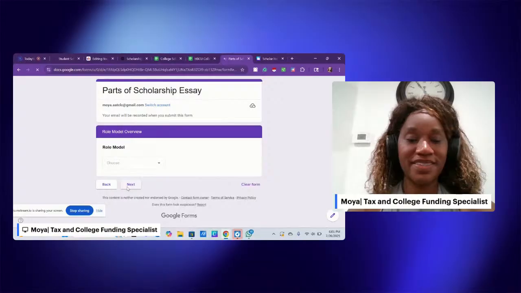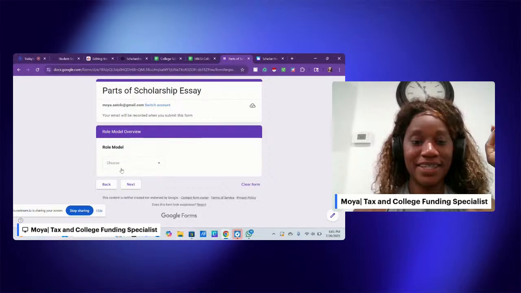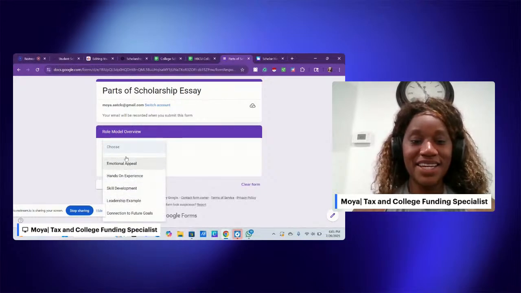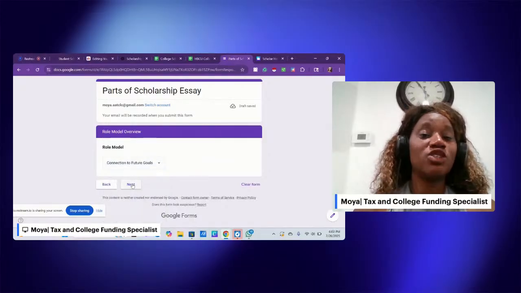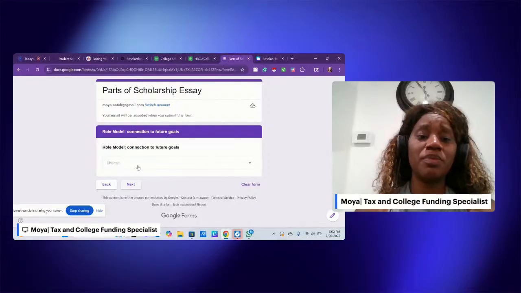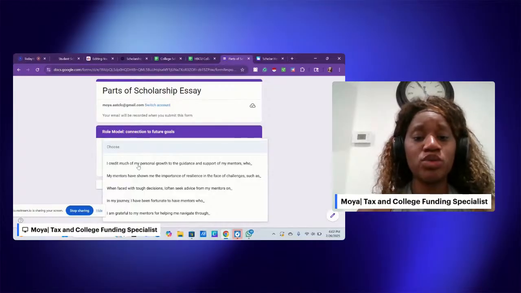So that was 6, 7. I think we're on 8. Let's do it again. Emotional appeal, hands-on experience, skill development, leadership example, connection to future goals. What do we want them to take away from it? So this is where we're linking some sort of leadership, some sort of role model aspect to what it is that we do. Okay, so: I credit my personal growth to the guidance and support of my mentors who.